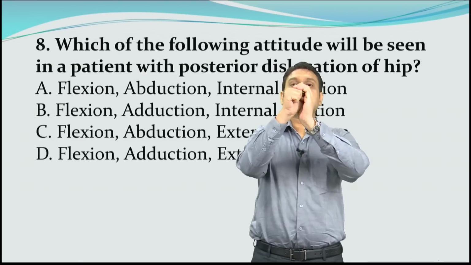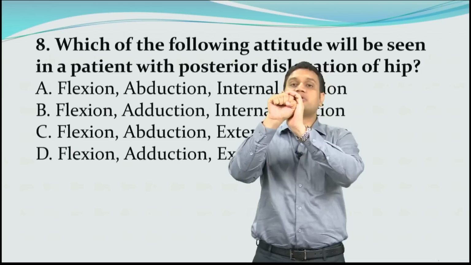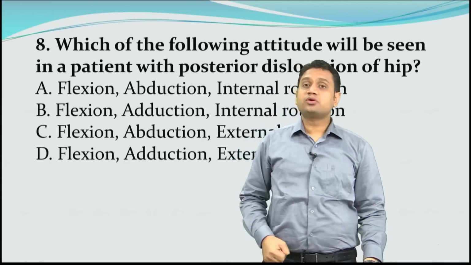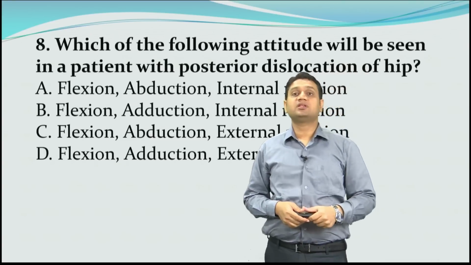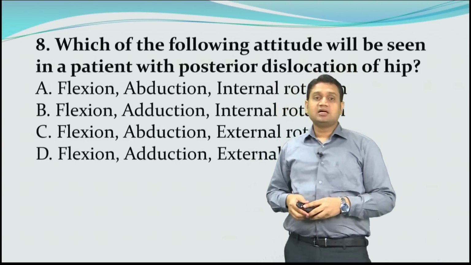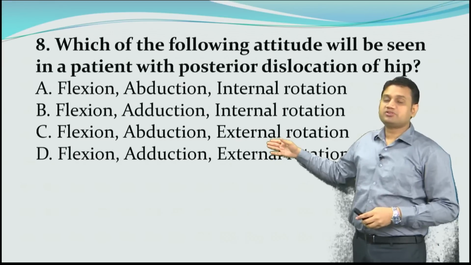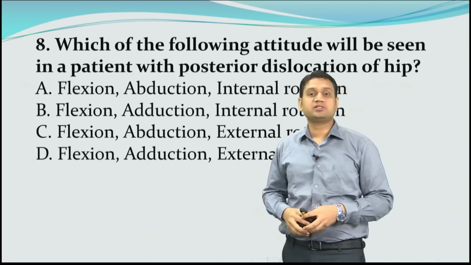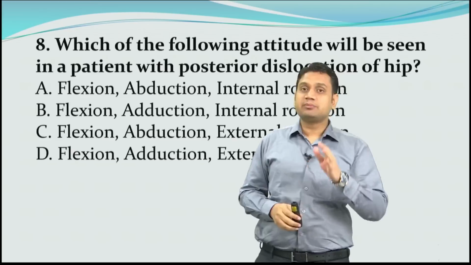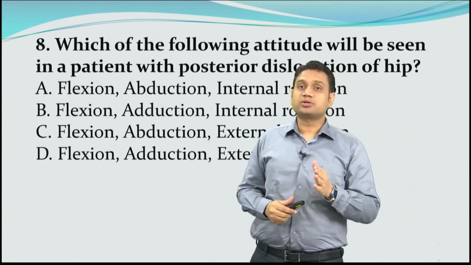The head should go like this. That means it should go into external rotation, right? Range of external rotation is always more with the abducted limb. There is flexion, abduction and external rotation. Option number 3 you have, flexion, abduction and external rotation, is the attitude that you'll have when somebody has an anterior dislocation.